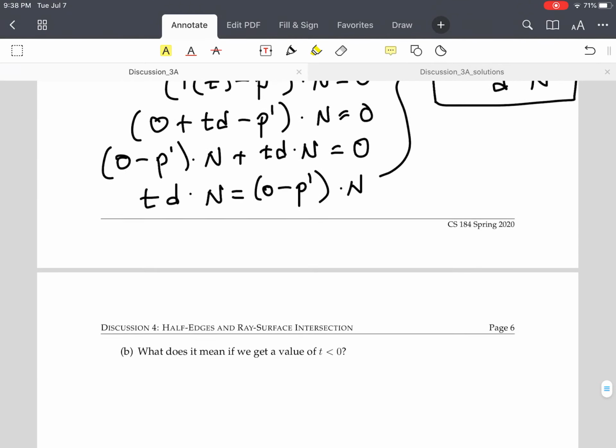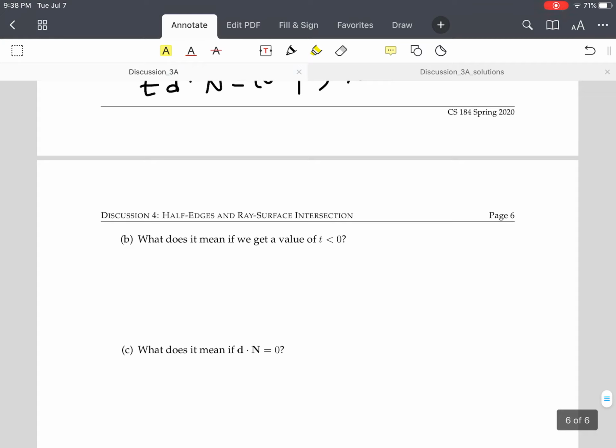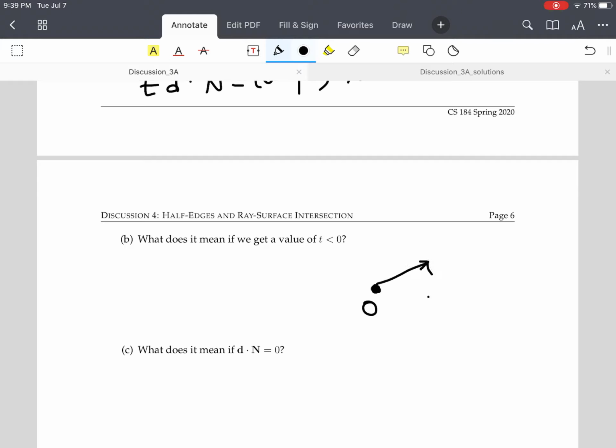So let's keep going. Now let's look at what this T means. T is the time when we intersect. So what does it mean if we get a value of T less than 0? I find it useful to think about it this way: let's say we have this point here. This is O, right? And then let's say we go this way, this much, that's O plus D. Then we can go a little more, and that's O plus 2D.